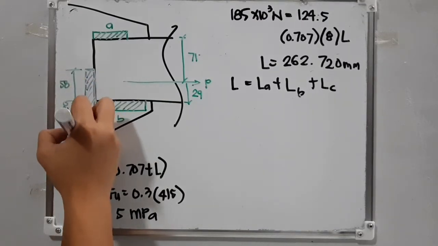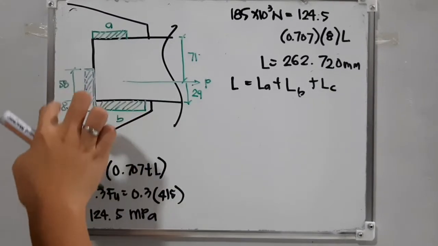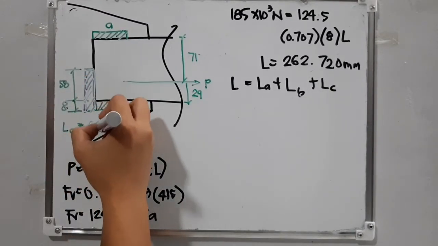So the total length of C is 8 plus 8 plus 58, which is 66 millimeters.